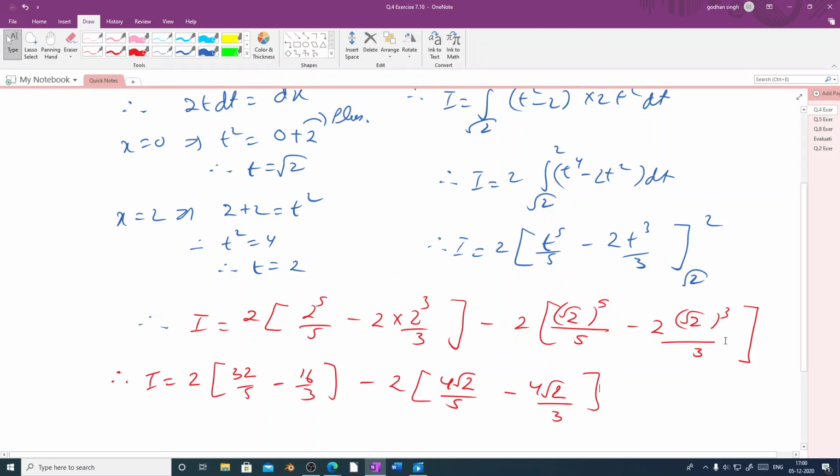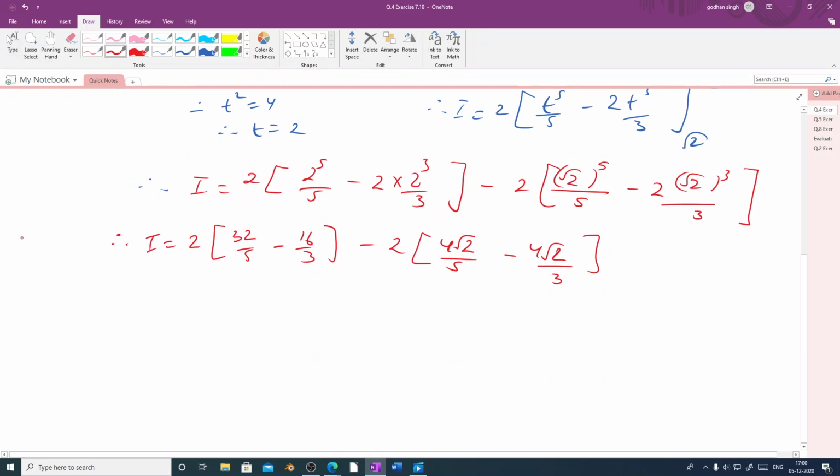So now let us calculate this further. Therefore, I equals 2 into, from both we can take out 16 common. So from here we will be getting 2 by 5 minus 1 by 3, and here we can take out 4 root 2 common. So it becomes 8 root 2, 1 by 5 minus 1 by 3.